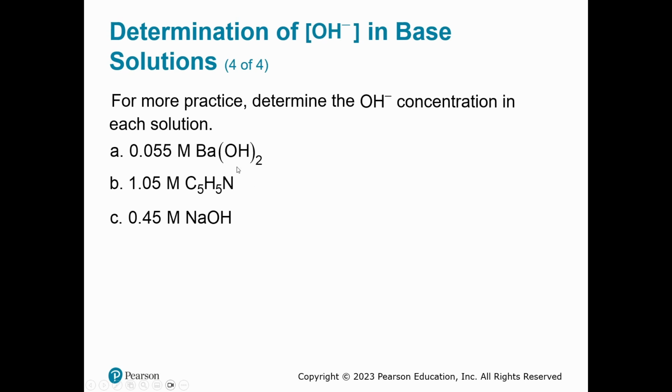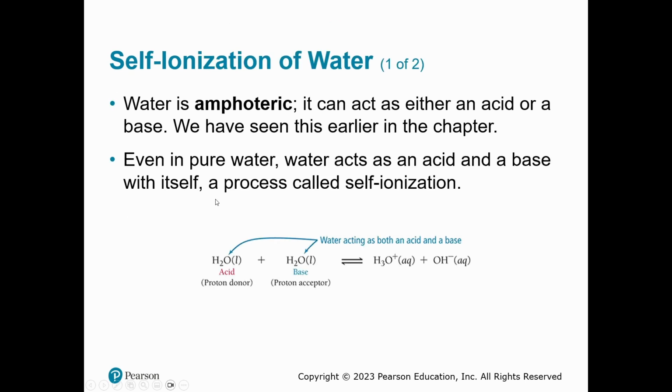More examples. So hydroxides, strong, we're going to need to double the molarity because there's 2 hydroxides per molecule. 1 hydroxide per molecule, strong base, fully going to ionize. It's going to be equal to the compound's molarity. Weak base, it's going to be something less than its initial concentration. That's all we can say at this point, and that's all we're going to do in this class.